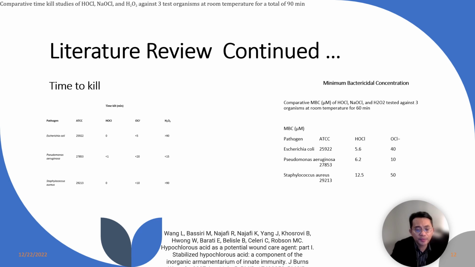This work by Wang et al. shows a graph that demonstrates the time-to-kill data for hypochlorous acid as compared to hypochlorite and hydrogen peroxide.